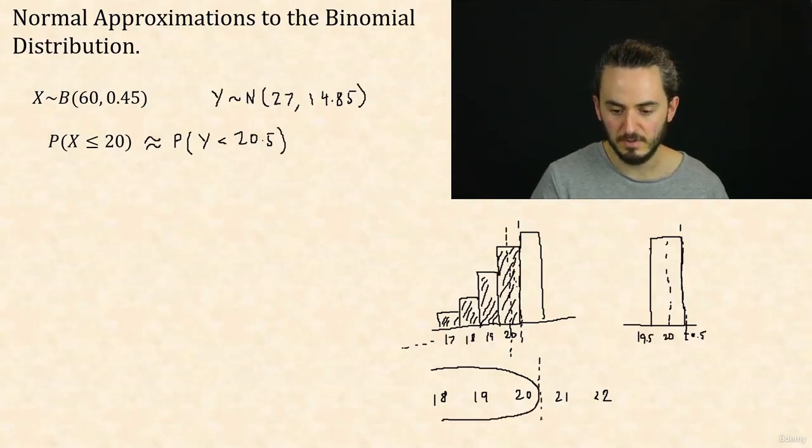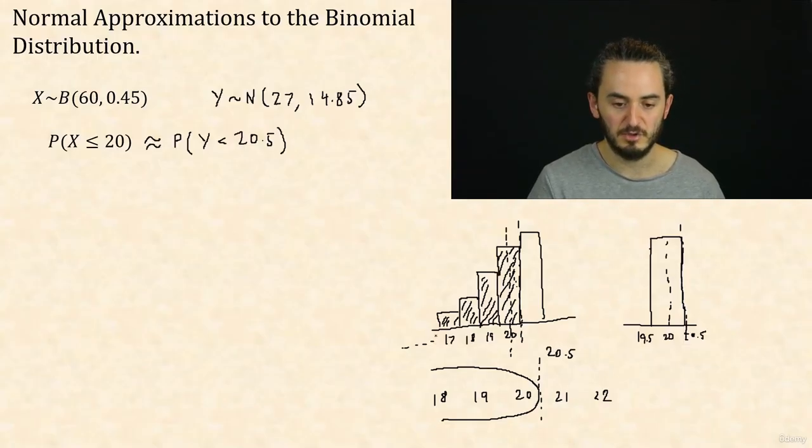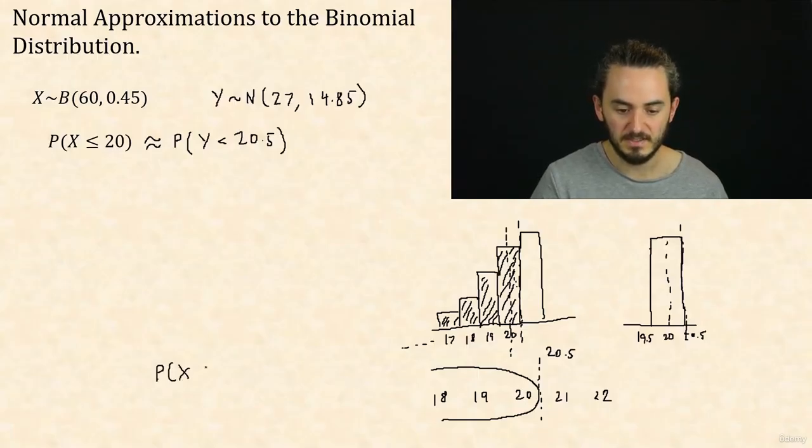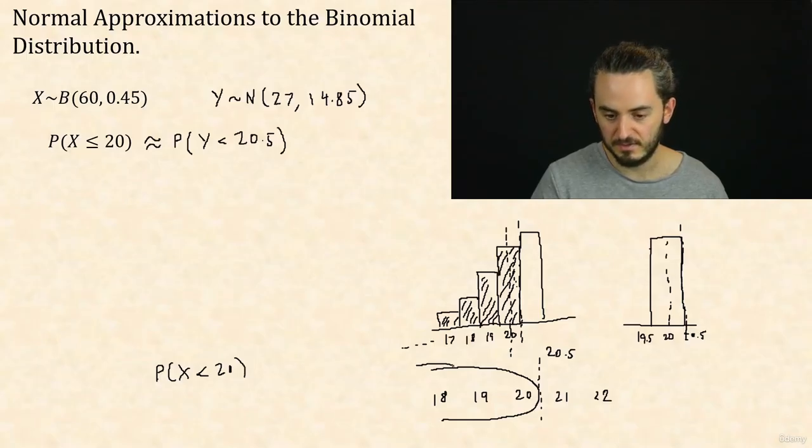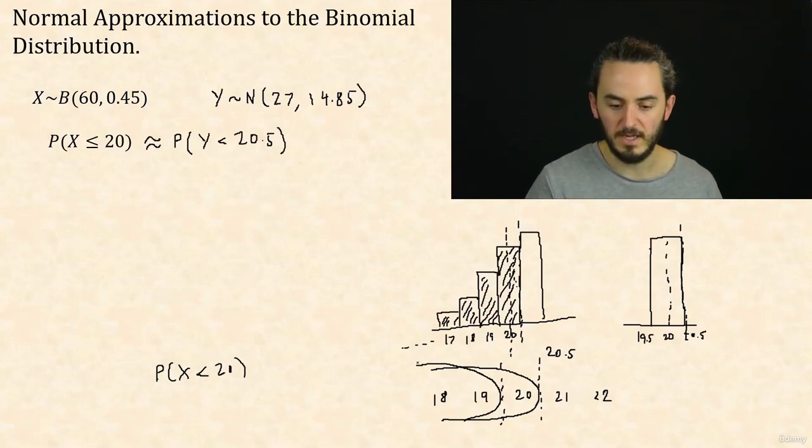I've cut through at 20.5, and that tells me where my cutoff point is for the normal distribution. Imagine that it had said probability that X is less than 20. Well, then I'd be scooping up everything that's less than 20, and then I would have cut through at 19.5. So you can work it out that way.